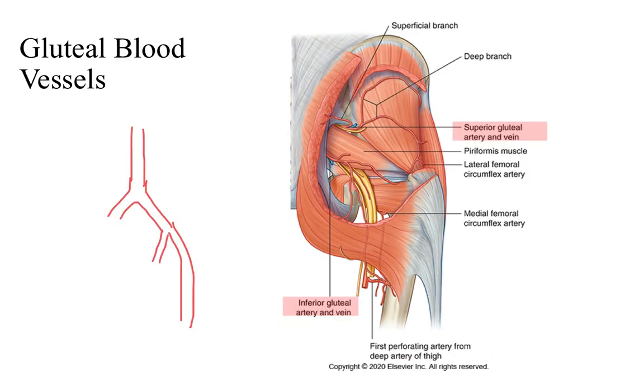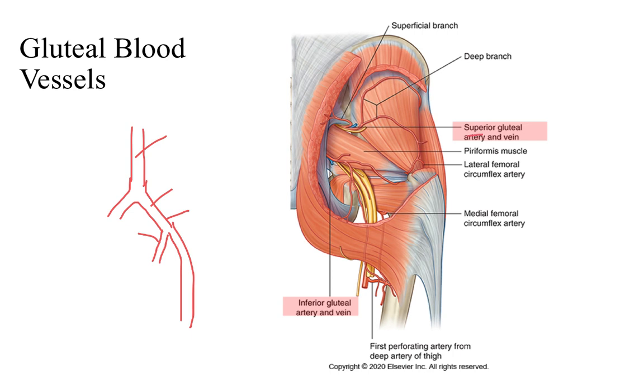As for the arterial supply that's giving these muscles oxygenated blood, here we have the abdominal aorta, the common iliac artery, then branching down into the external iliac and the internal iliac artery.